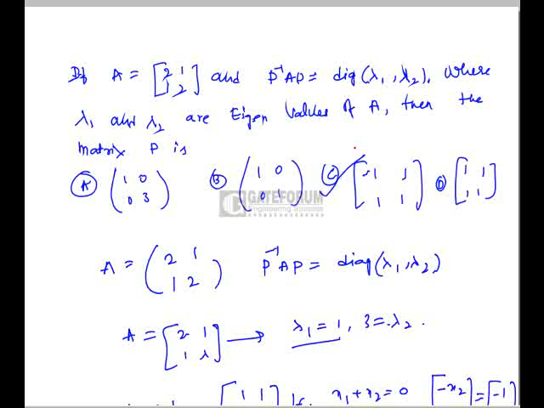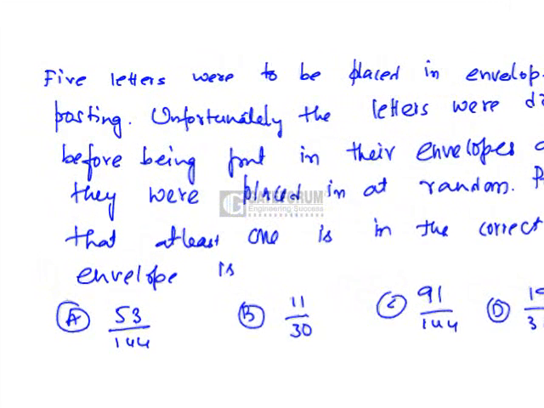In this problem, it is given that 5 letters were to be placed in envelopes for posting. Unfortunately, the letters were dropped before they were put into envelopes. We have to find the probability that at least one is in the correct envelope if we arrange them randomly.